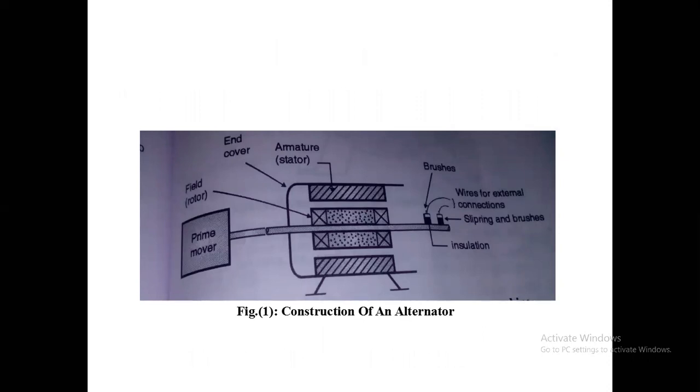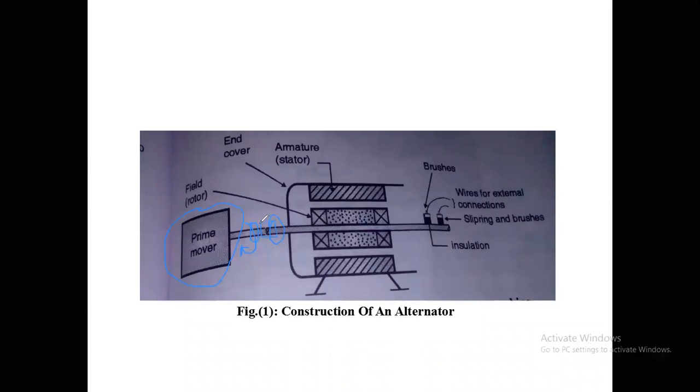You can see in this figure, we have a prime mover here. The prime mover can be some other external motor, which gives a mechanical output. That rotating torque is coupled with the alternator shaft, which is fixed in this way.